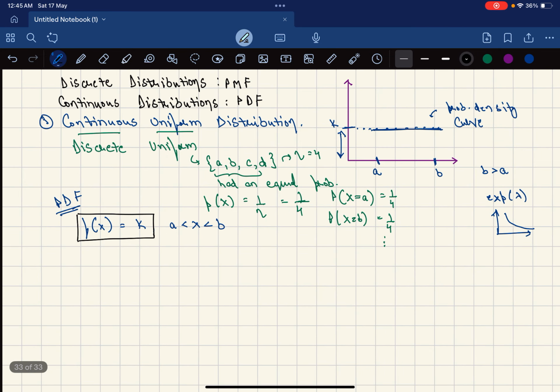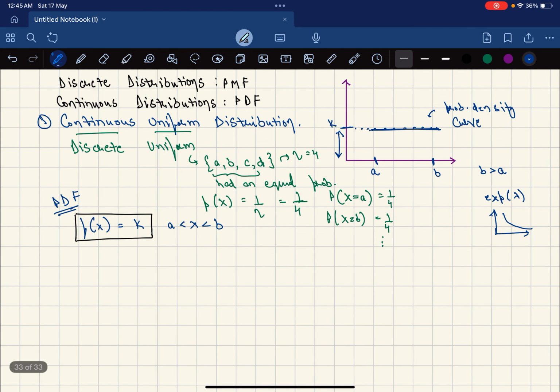Now how do we find the value of k here? What we do is we use the property of probability that the sum of all probabilities should be equal to 1. Now from the previous session we know how to compute the probability from a probability density curve. What we do is we simply calculate the area under the probability density curve.